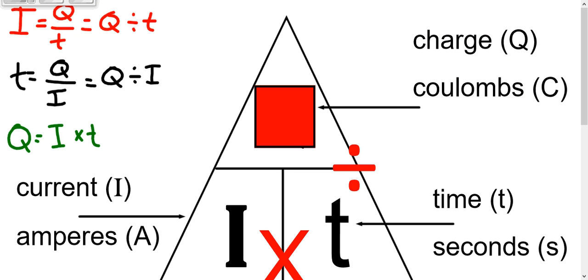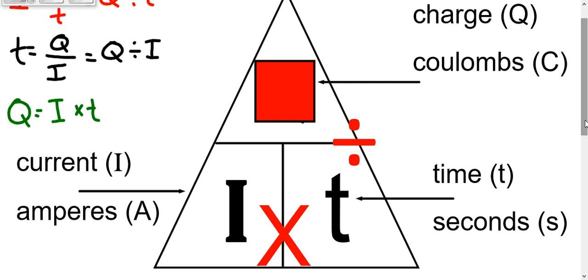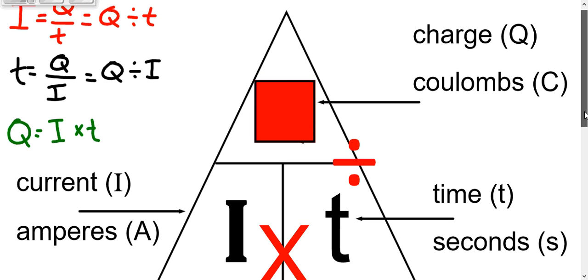On your pink formula sheet that was included in your paper package, you have what's called a math triangle. Math teachers like to call it a science triangle. Basically, this triangle is a way that we can help to rearrange those formulas without doing a lot of math. So I'm going to uncover this red box.